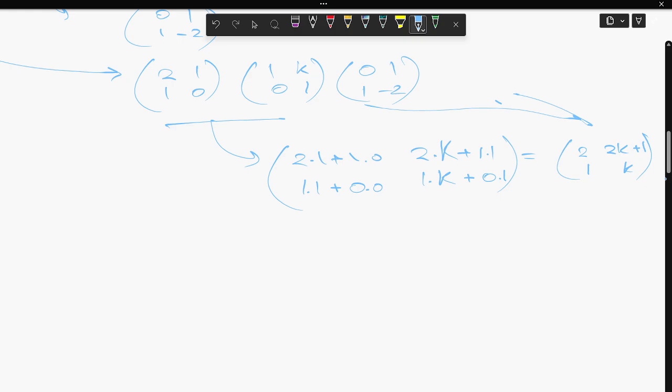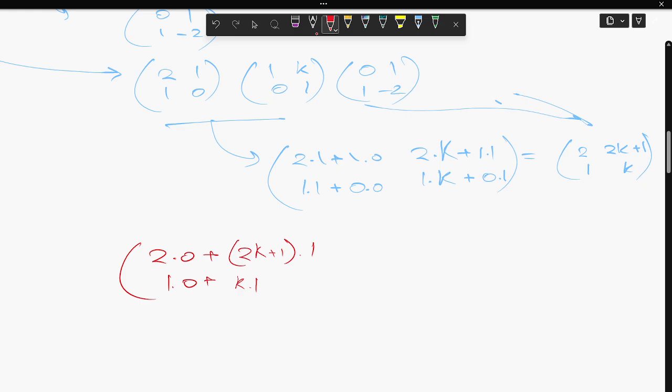So we will finally get 2 into 0 plus (2K plus 1) into 1, and 1 into 0 plus K into 1.